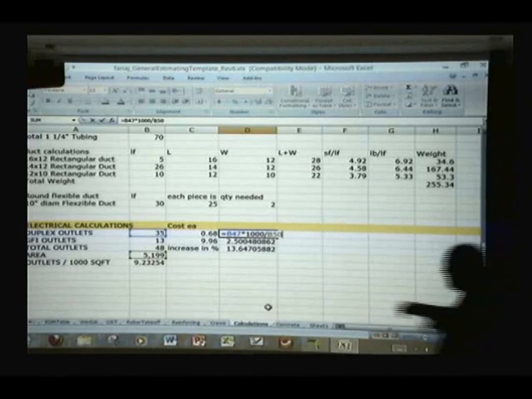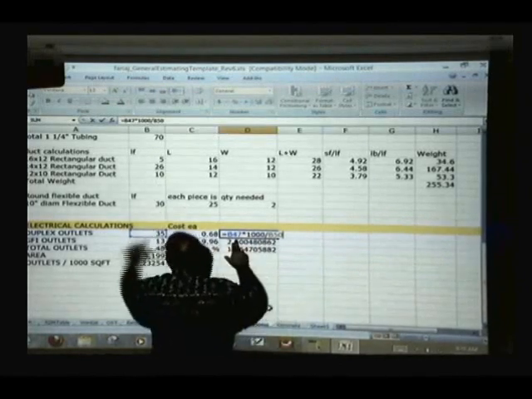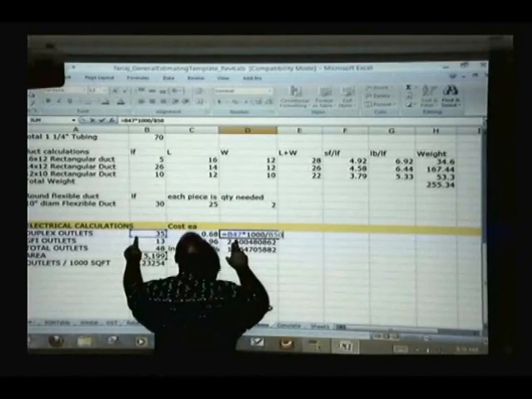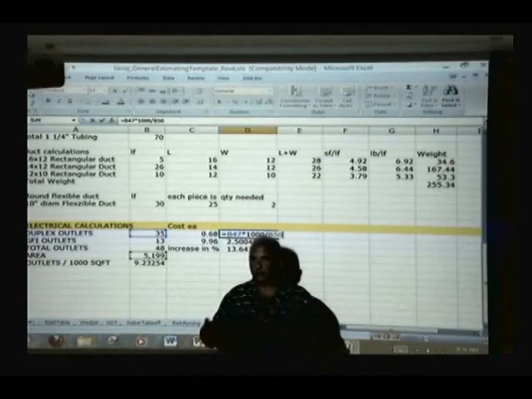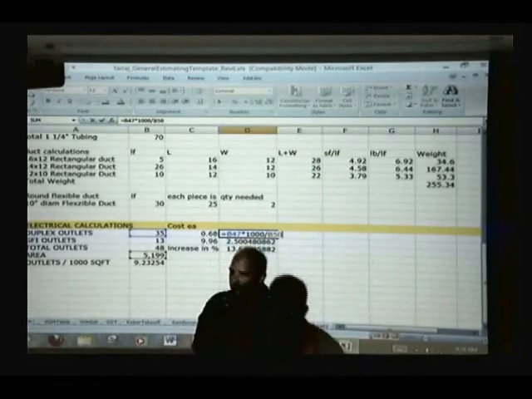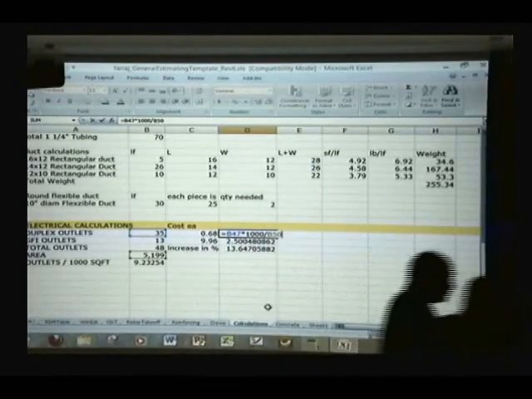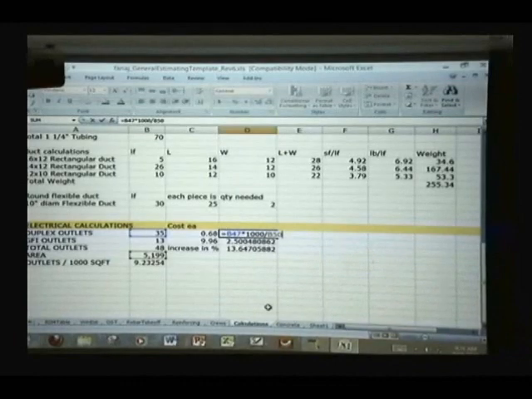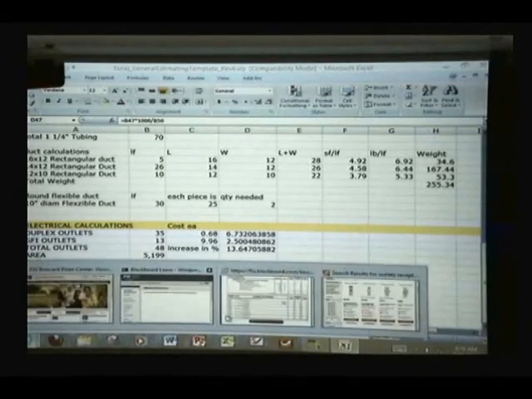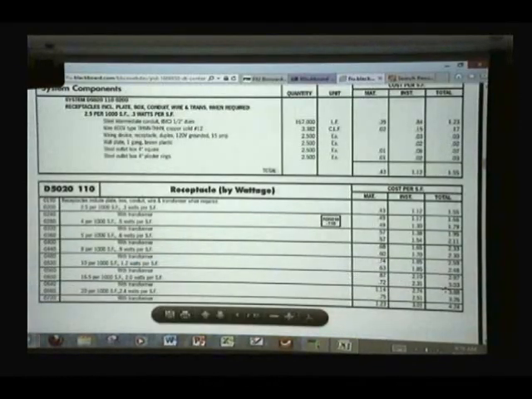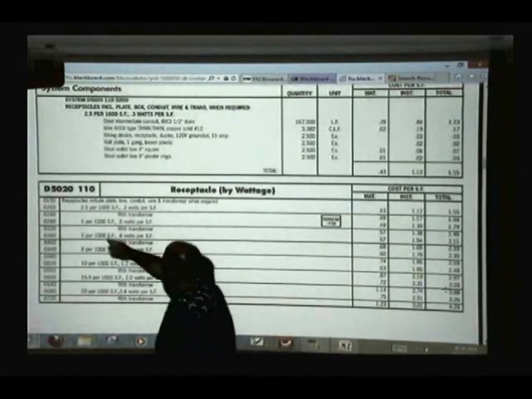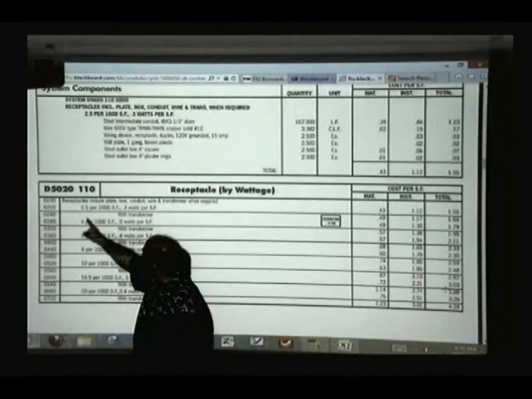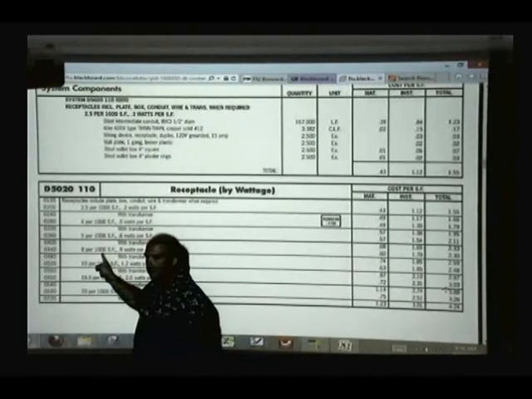So I take B47, which is the number of duplex outlets I have, divided by the area, and multiply by 1,000. So I have the number per 1,000 square feet. Got it. Why do I need that per 1,000? Well, because the table has different costs when you have items per 1,000 square feet.